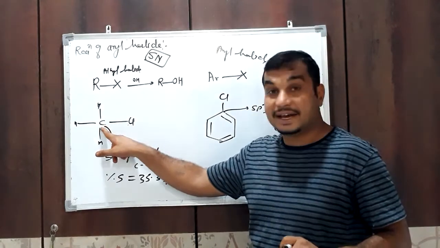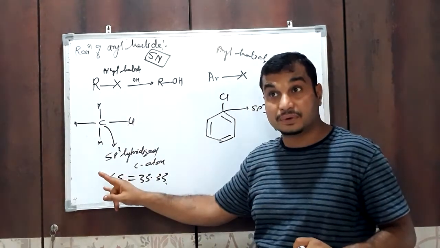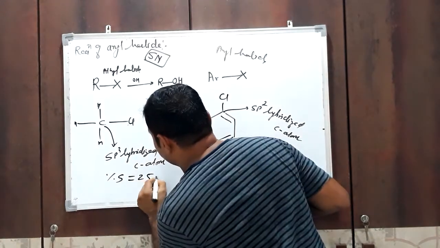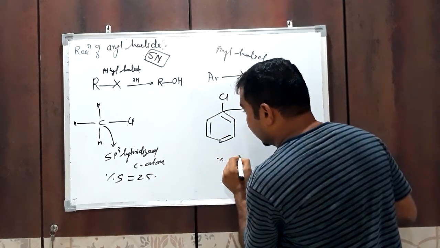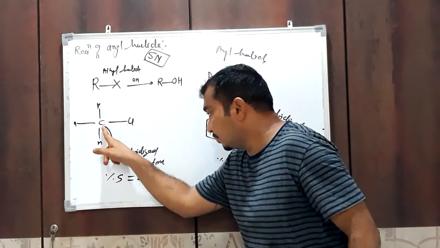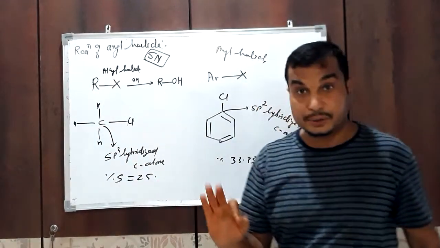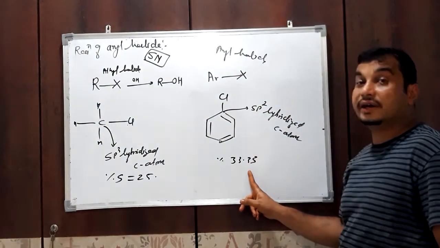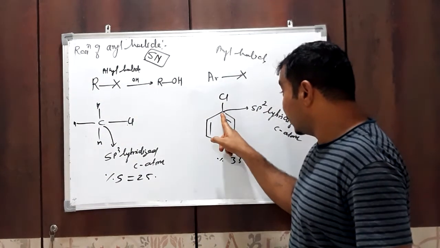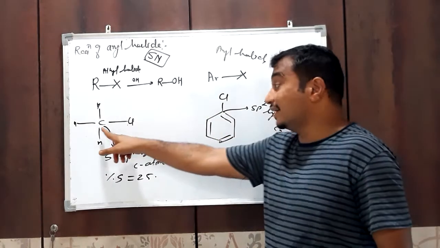Here the s character is less, 25, and here 33.33. This carbon atom has s character 25 and this carbon atom has s character 33.33. It means this carbon atom is more electronegative than this.